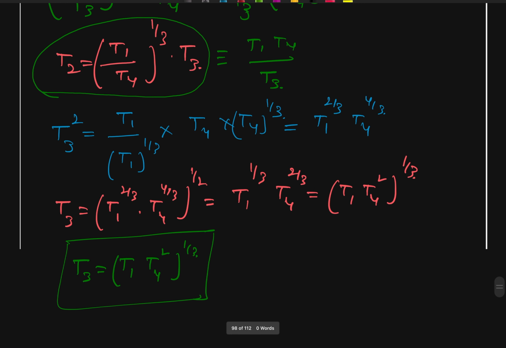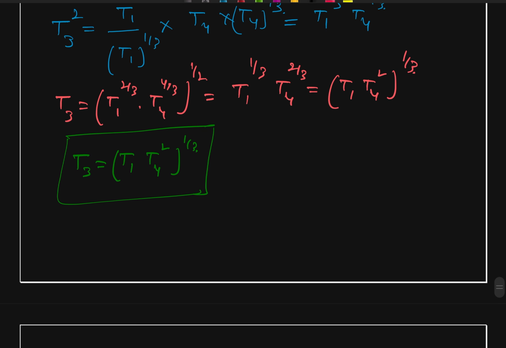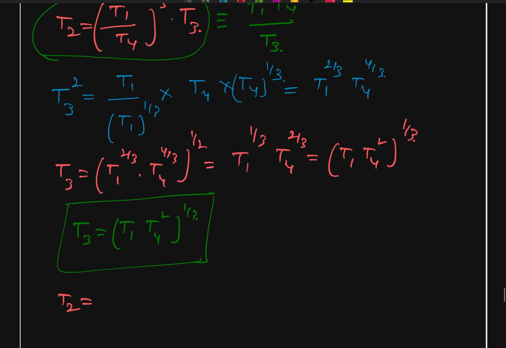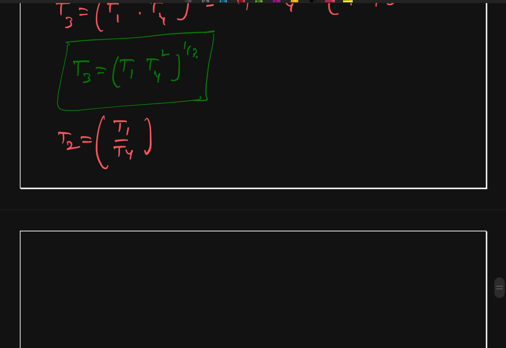So we can say our T2 is equal to T1 upon T4 whole raised to power 1 by 3 multiplied by T3. So we get T1 to the 1 by 3, T4 to the 1 by 3 multiplied by T1 to the 1 by 3 and T4 to the 2 by 3.